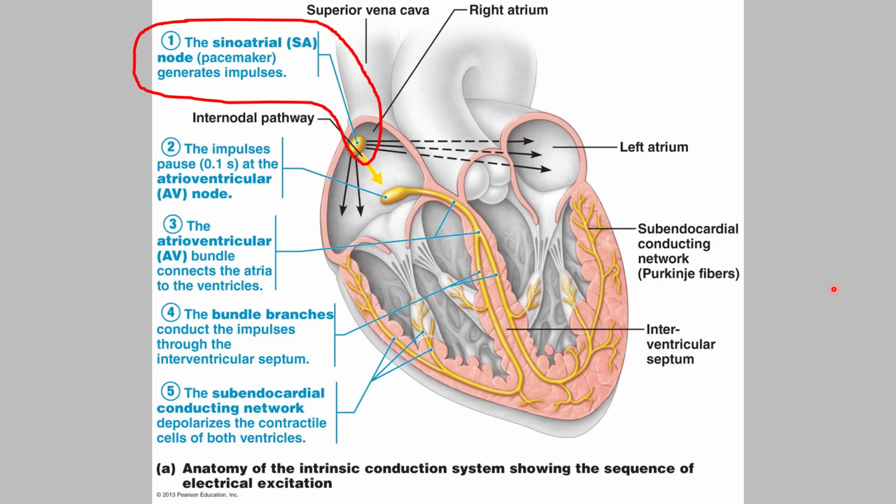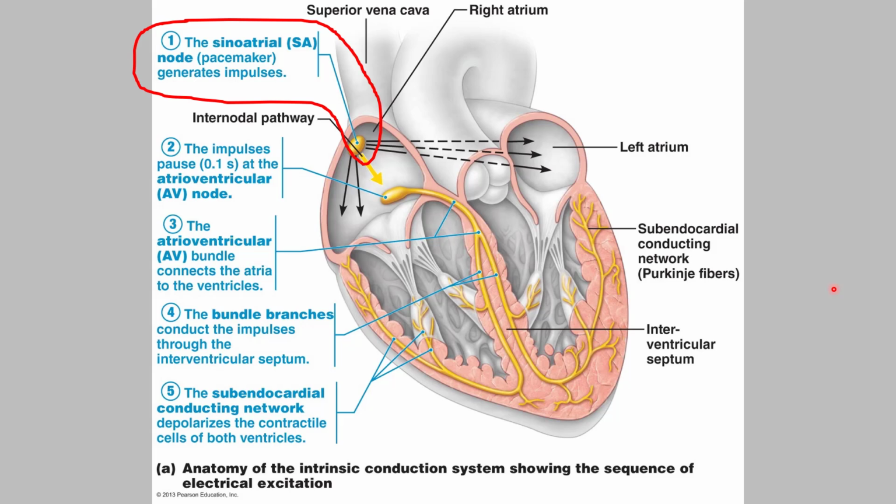We saw that the bundle of His splits into a left and right AV bundle, or bundle branches. They are going to travel down towards the apex of the heart and then reflect back upward, and they branch like trees or like a net or a spider web all through the walls of the ventricle. We can only see them right here, but they're running through all of the walls in all directions.